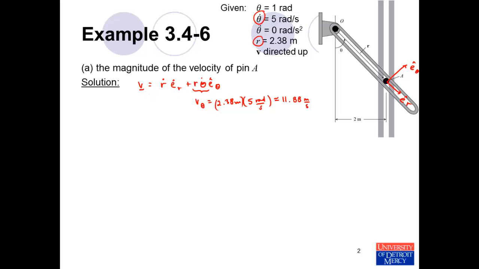But the thing that we can take advantage of is our understanding of the geometry of the problem. So as we rotate, theta is increasing in the counterclockwise direction. As we do that, this rotates up, and the pin is pushed vertically up the slot. And so we know that the velocity of our pin is straight up.